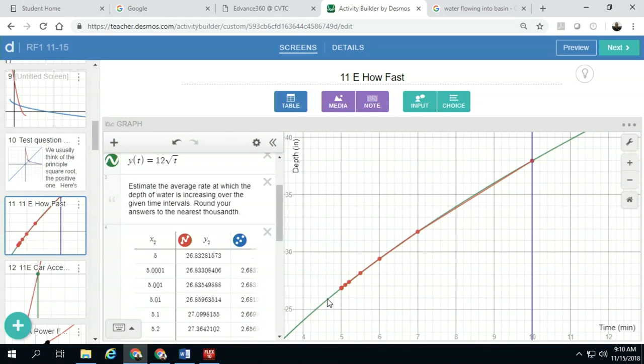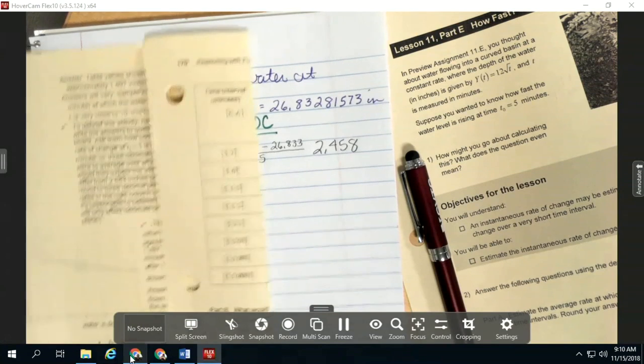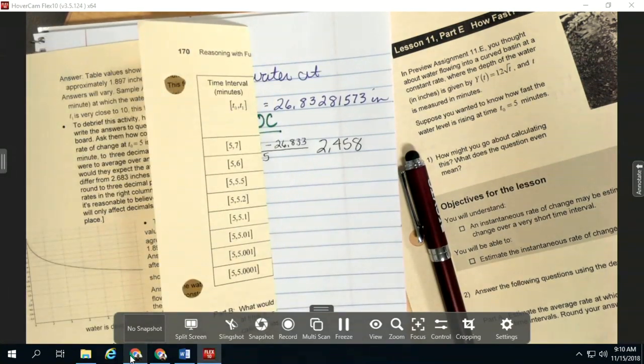So, on this page, we have some pairs to do. We just did 5 to 7. Eric and Gavin, you do 5 to 6. Sam and Jake, you do 5 to 5.5. Nick and Lauren, you do 5 to 5.2. Marlena and Jess, you do 5 to 5.1.